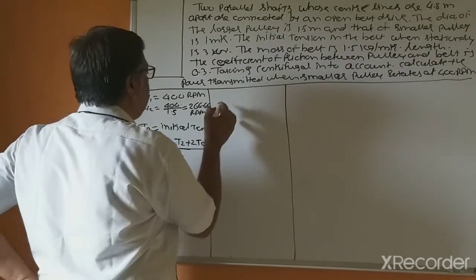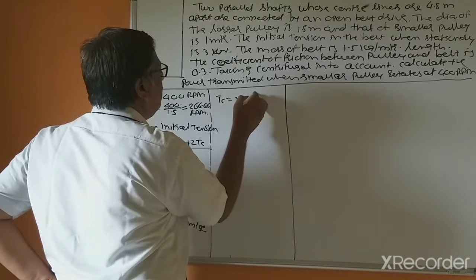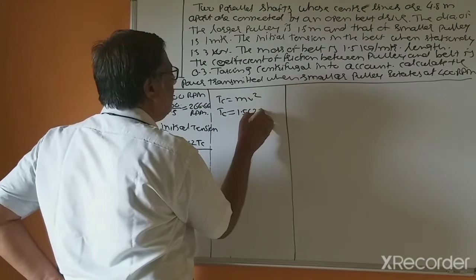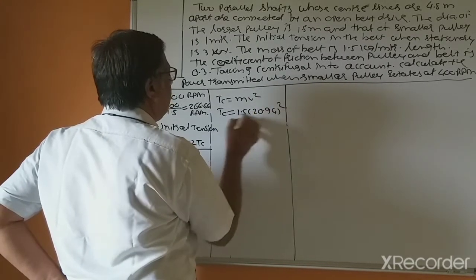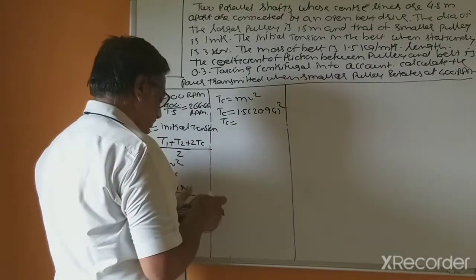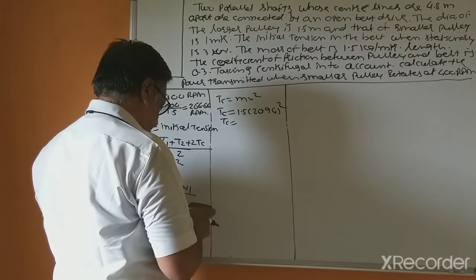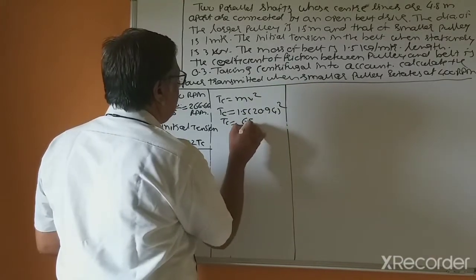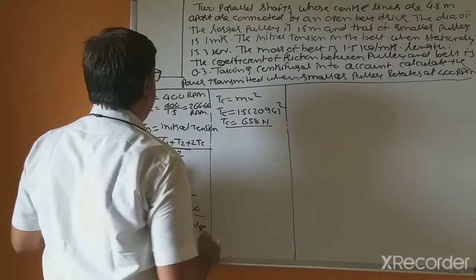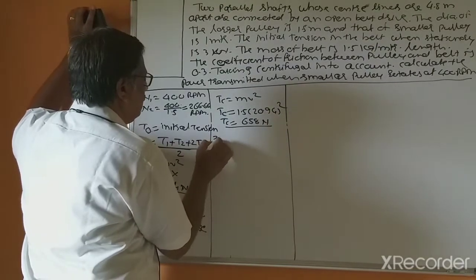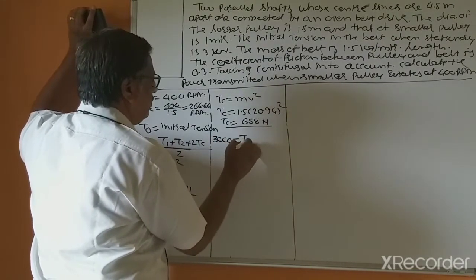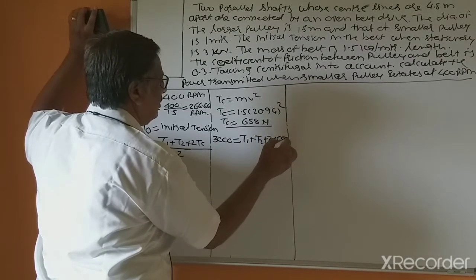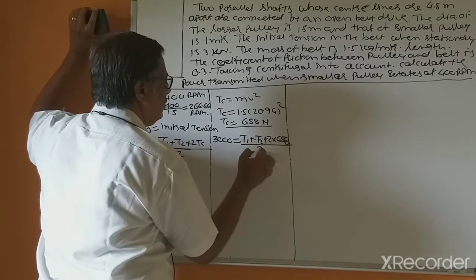So TC equal to mv squared, TC equal to 1.5 × (20.94) squared, TC equal to 658 Newton. So that's why 3000 equal to (T1 plus T2) into 658 divided by 2.